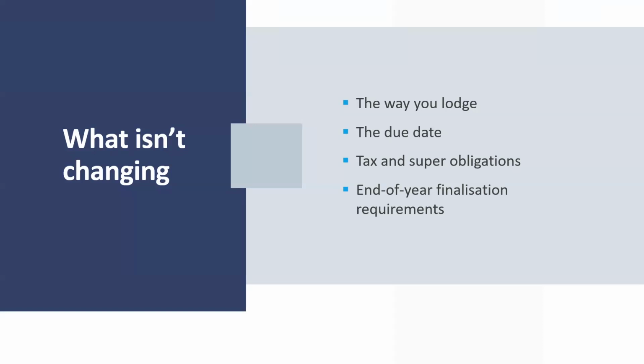The due date of the STP reporting, the types of payments that are needed to be made to employees will remain the same. The tax and super obligations will, of course, remain the same. And the current end-of-year finalisation process for Single Touch Payroll will also remain the same.